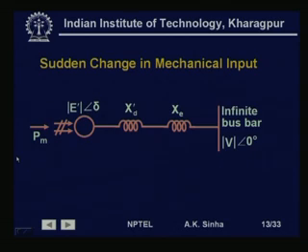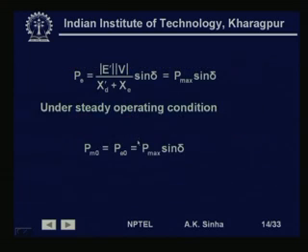Here we are talking about a sudden change in mechanical input, the same thing which we discussed earlier. The machine internal voltage is E dash with an angle delta, x d dash is the machine transient reactance, x c is the external reactance, and we have an infinite bus bar with voltage V angle 0 degree. Pm is the mechanical input to the system.